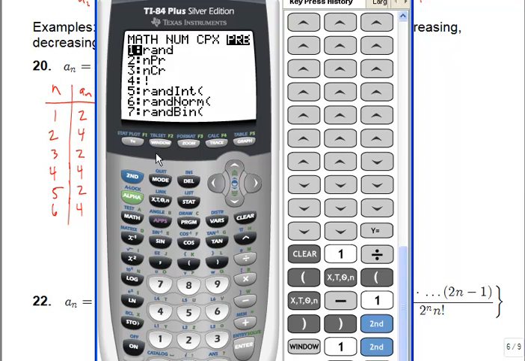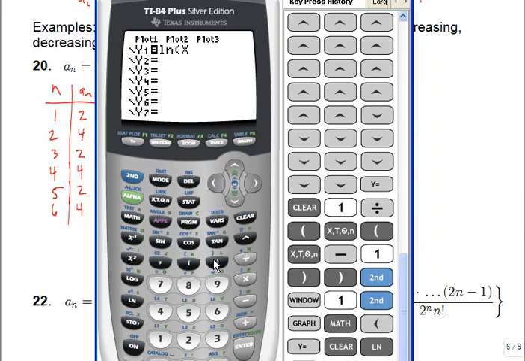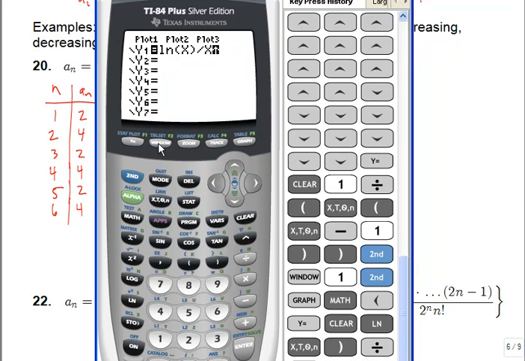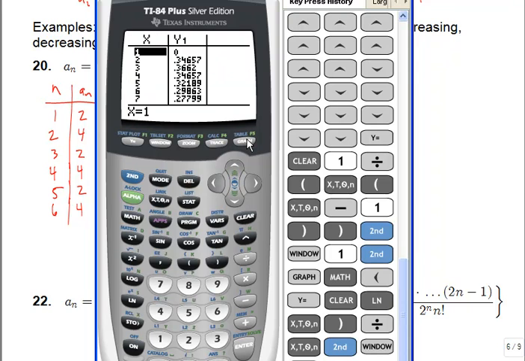So if I pull it up and I go to my y equals and I just type in ln of x divided by x, and I'm going to start my table at 1, and if we look at some of these terms, you can see that I start at 0, then I go up to 0.346, then I go up again to 0.366, and then I go down to 0.346, and then down to 0.32, then down to 0.29, then down to 0.27.